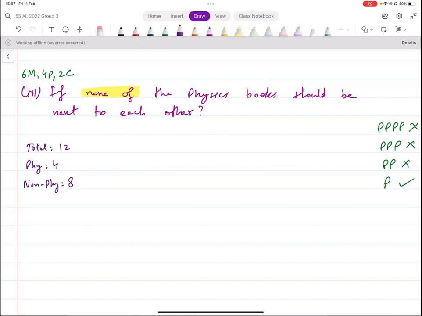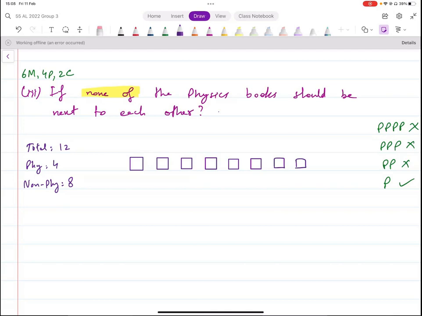You're going to first place all the other books. जिसको आपने separate करना है, leave that on a side for the moment. And place everything else. उनके दरमियान में आपने spaces छोड़ देनी है. So something like this. You are going to have 8 boxes that look like this. 1, 2, 3, 4, 5, 6, 7 and 8.